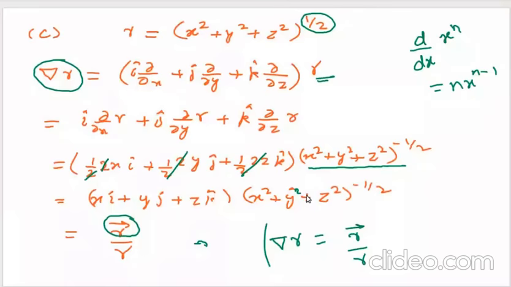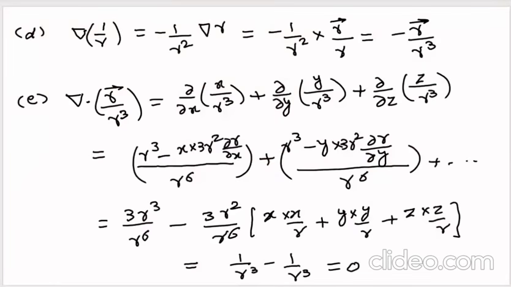Okay. Let's move to the fourth question. In the fourth question, you have to take the gradient of 1 by R. 1 by R is nothing but R to the power minus 1. So you are taking the gradient of R to the power minus 1.